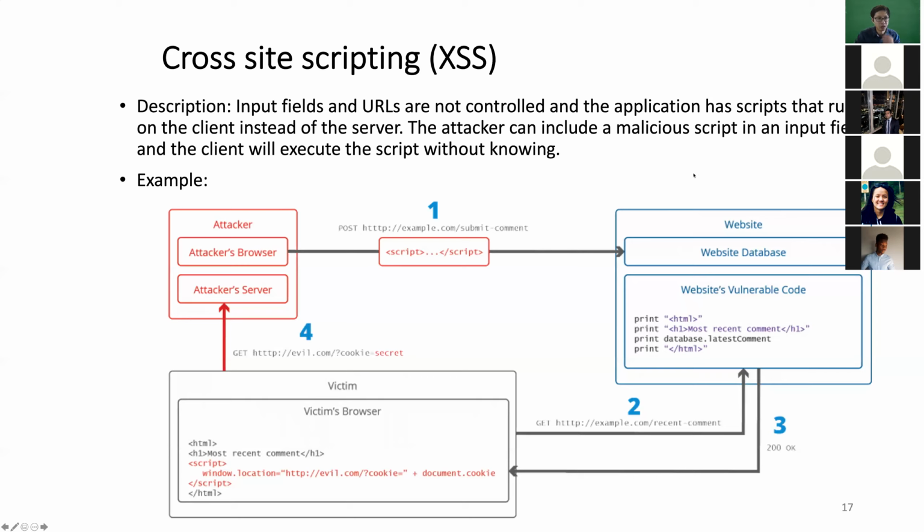Typically, this happens when the input fields and URLs are not controlled, right? Normally we need to check the input fields and URLs to make sure that they are secure. But if they are not controlled, and also when the application has scripts that can run on the client instead of a server, one user can send a request to a server, and this will get downloaded by the victim.